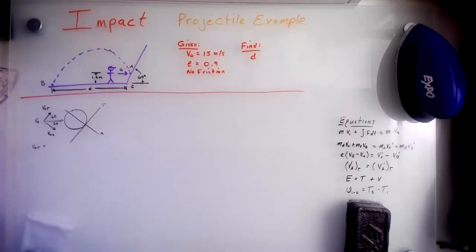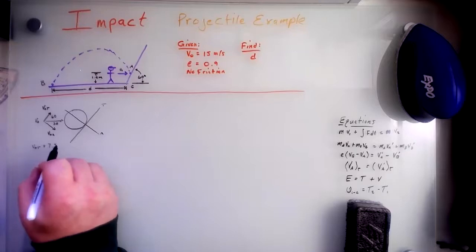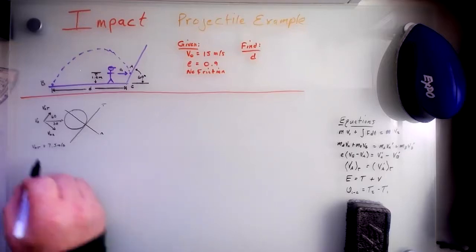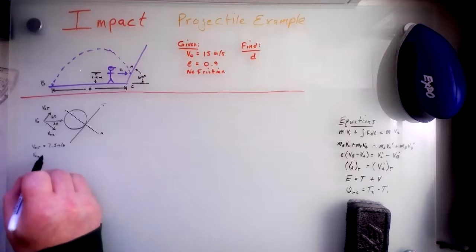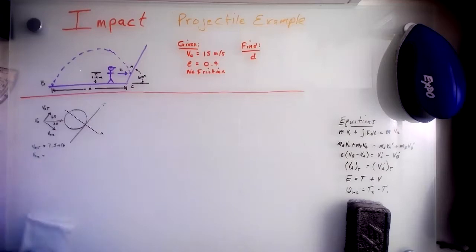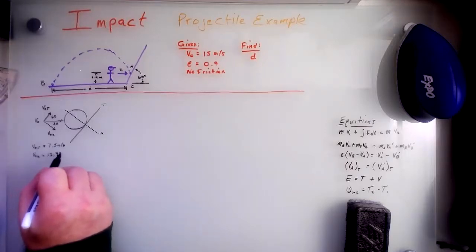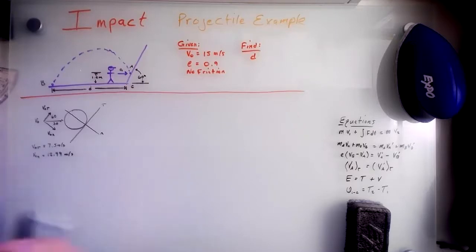Let's get a number for that. 15 times the cosine of 60 degrees is 7.5 meters per second. And V naught N is going to be 15 times the cosine of 30 degrees, so that is 12.99, again meters per second.